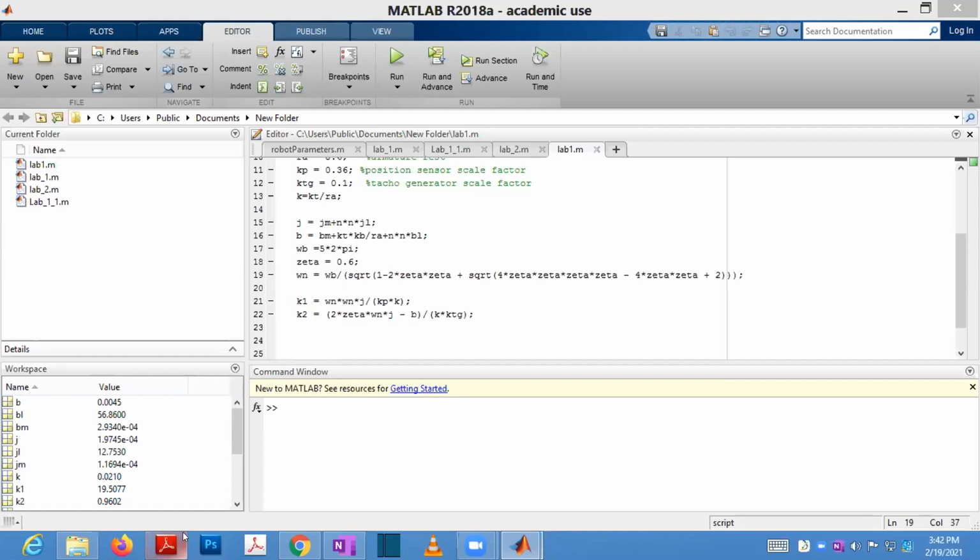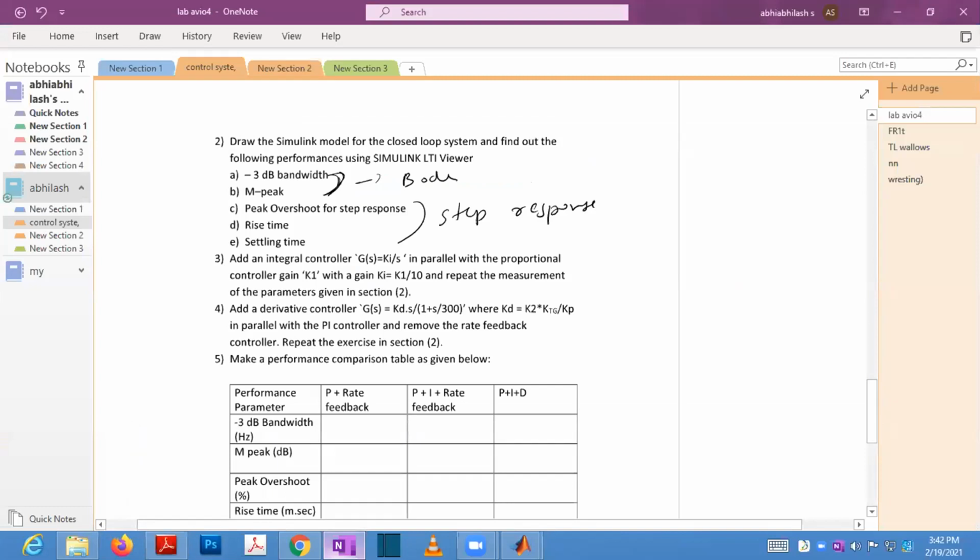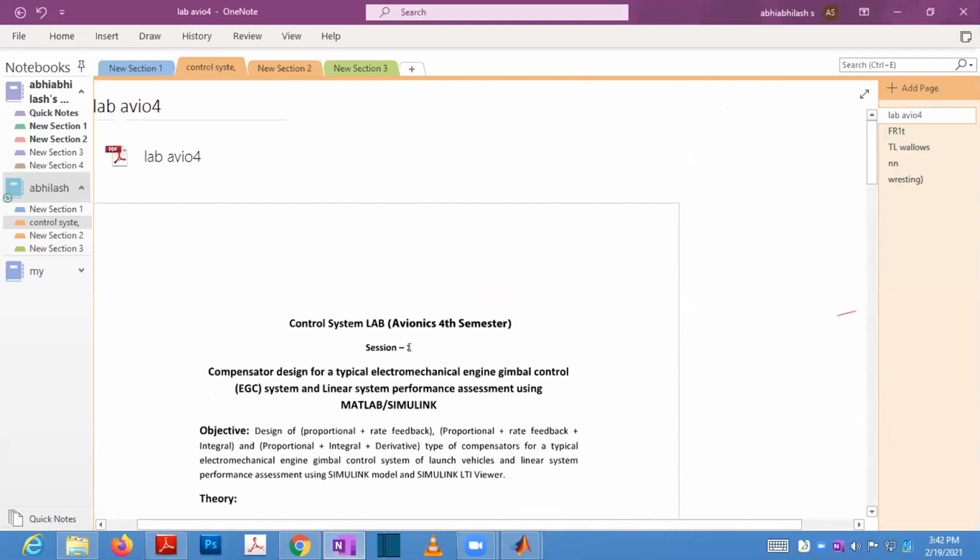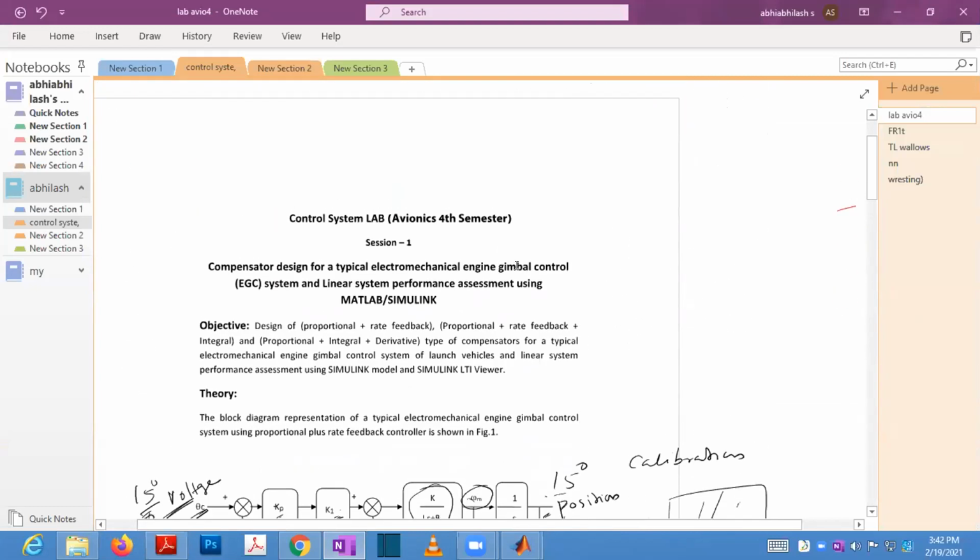Sir, what is gimbal here? So we are talking about this gimbal, na? Yes, sir. It is actually part of the PS4 rocket.